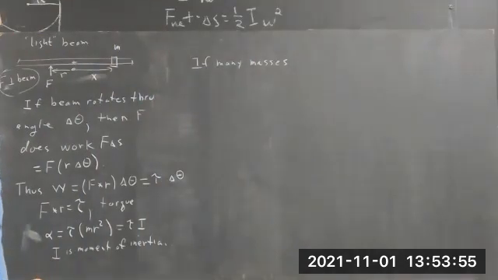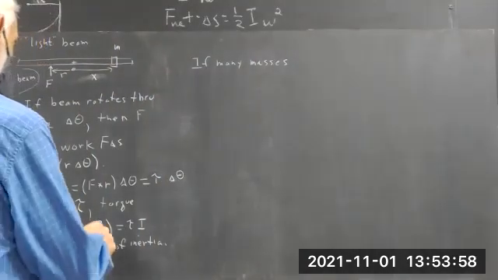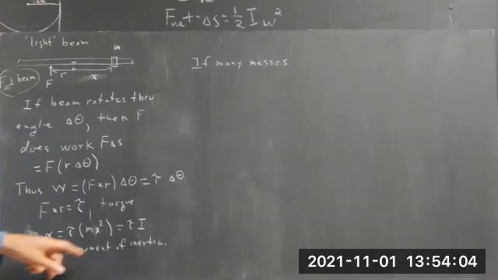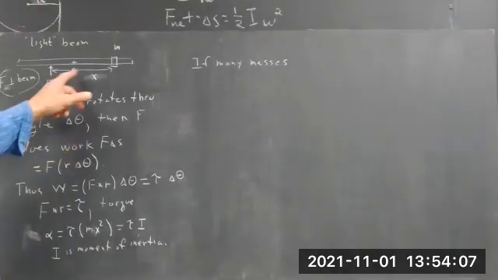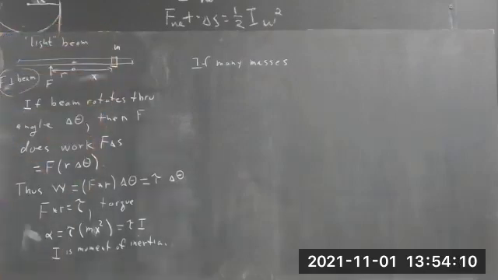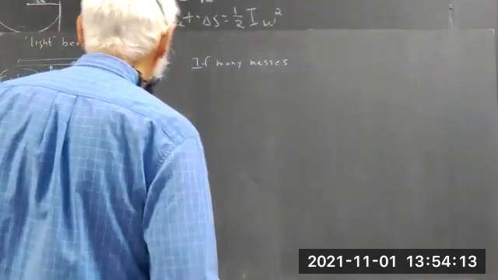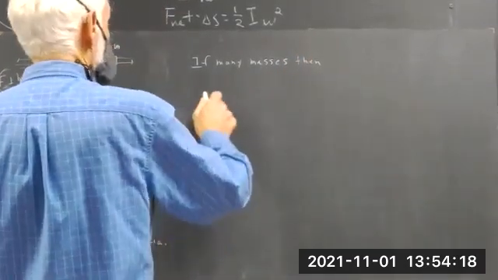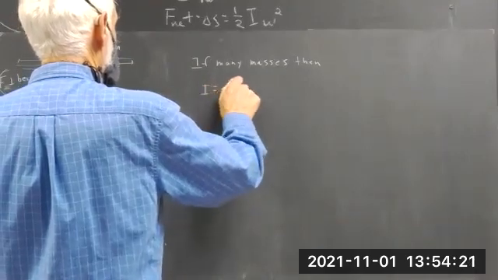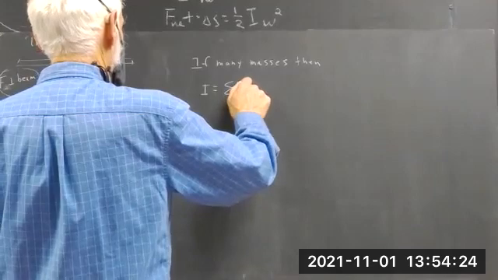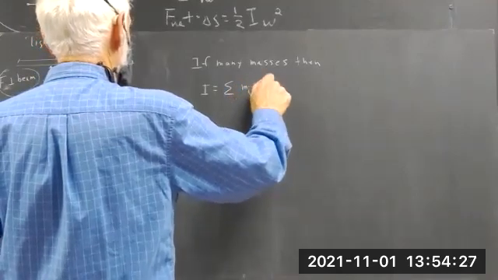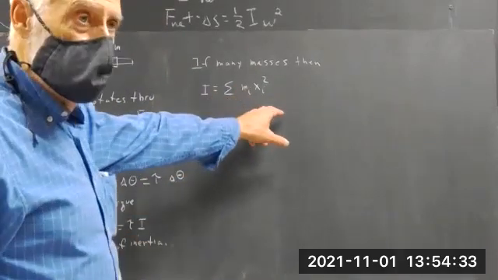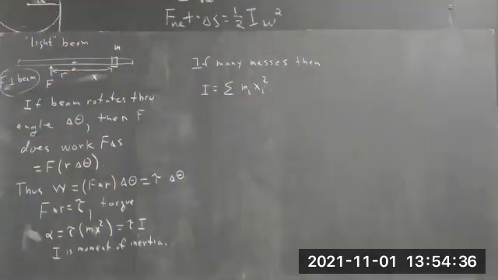And that's what we use. That's what it's on the slides. It should be mx squared, mass times the square of the distance. If there are many masses, then your moment of inertia is the sum of your mass times the square distance from the axis.